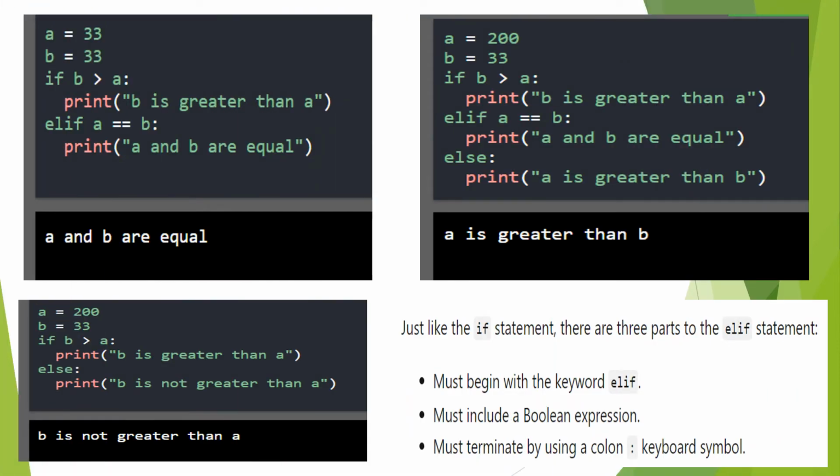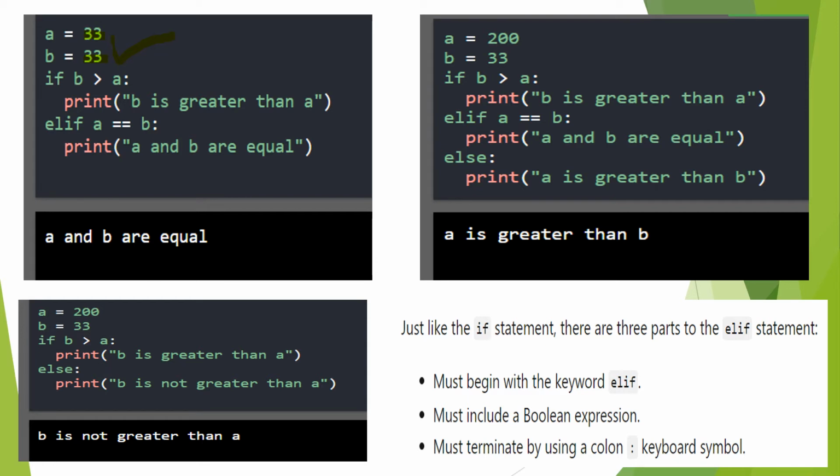The elif keyword is Python's way of saying, if the previous conditions were not true, then try this condition. In this example, A is equal to B. Look at your screen. A is equal to B. 33 is equal to 33.